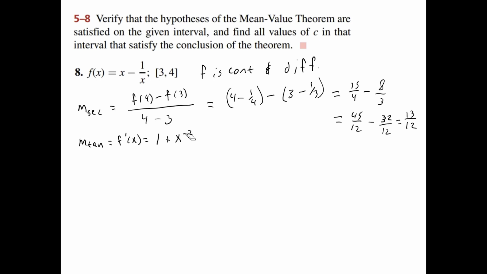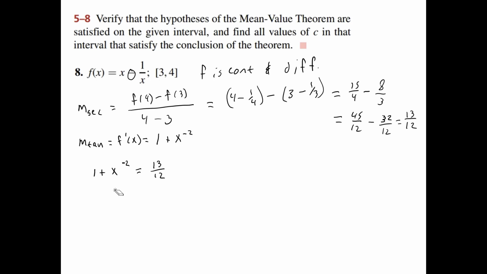So when you bring down the exponent, that makes this minus a plus. Take 1 away from the exponent, you get an x to the negative 2. And so then somewhere in the middle, 1 plus x to the negative 2 has to equal 13 over 12.